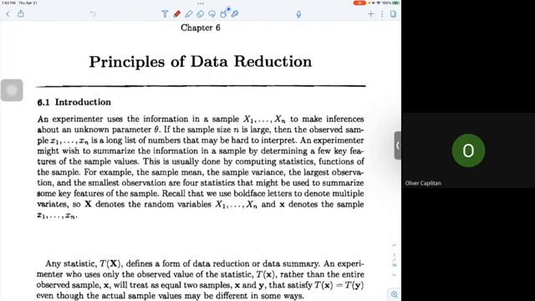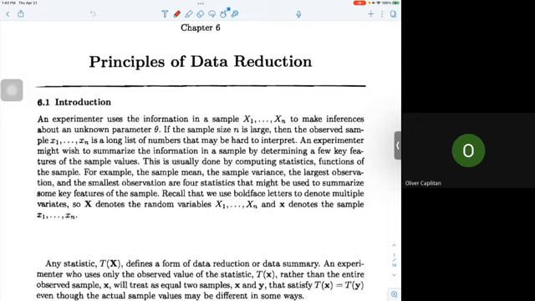So this chapter 6, Principles of Data Reduction, is applicable especially if we have a large sample, meaning the sample size is large. And we're going to apply these principles of data reduction.